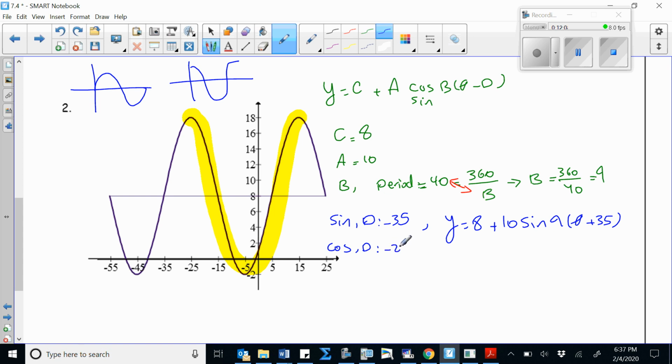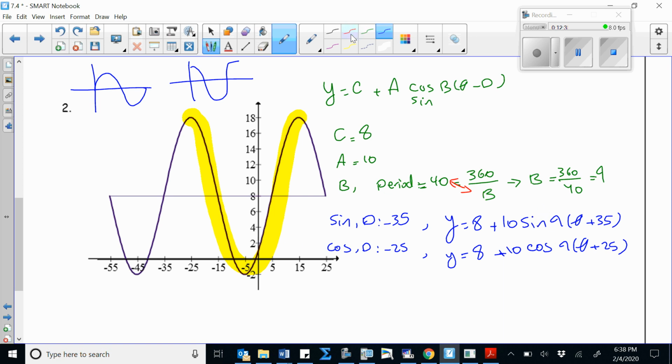So the D value is negative 25. Now I can write the function y is equal to 8 plus 10. You see everything is the same. And then I have cosine of 9 theta minus negative 25, which will be plus 25.